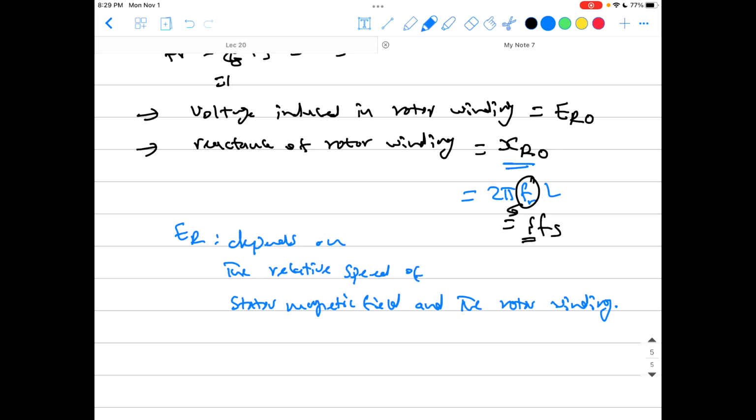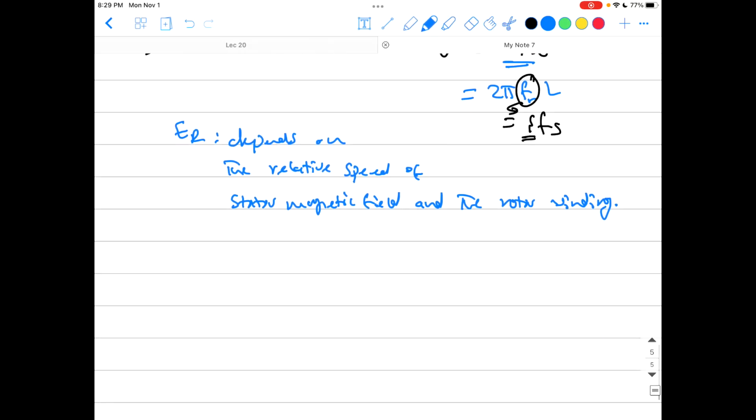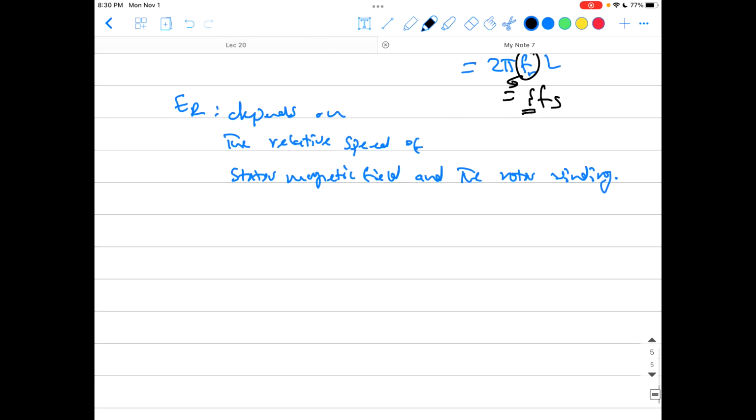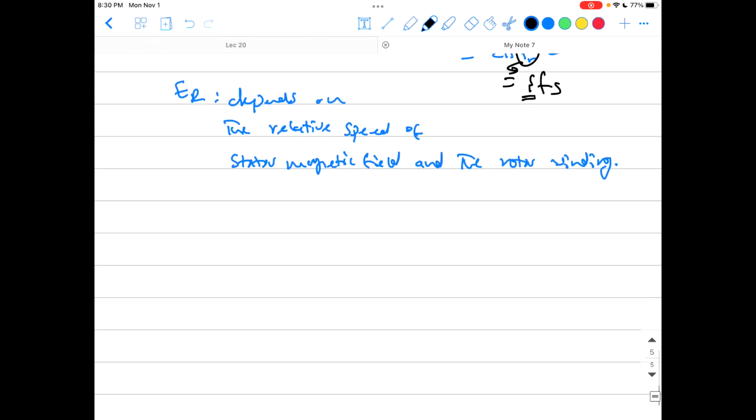While the magnetic field coming from the stator, the primary magnetic field, just rotates at the synchronous speed ns. So how much speed the rotor itself has determines how much induced voltage you have. At the very beginning, this relative speed is very high, and with the rotation, this relative speed goes narrow.